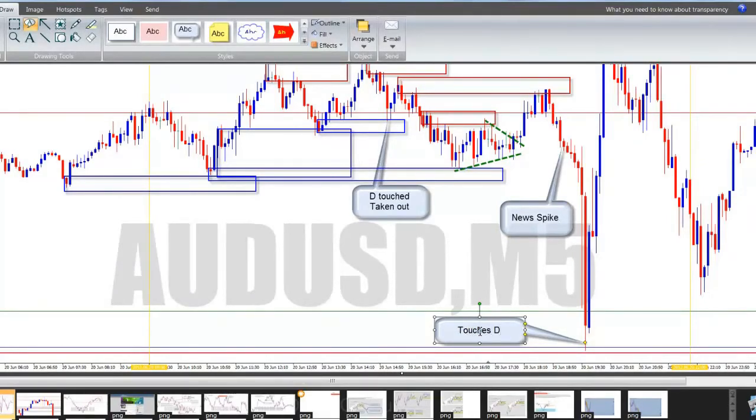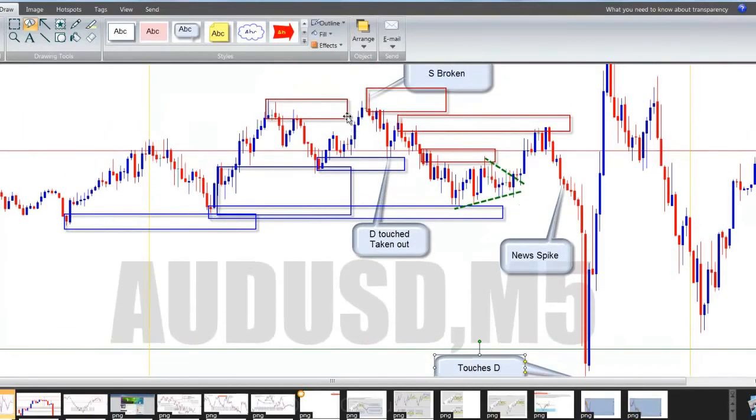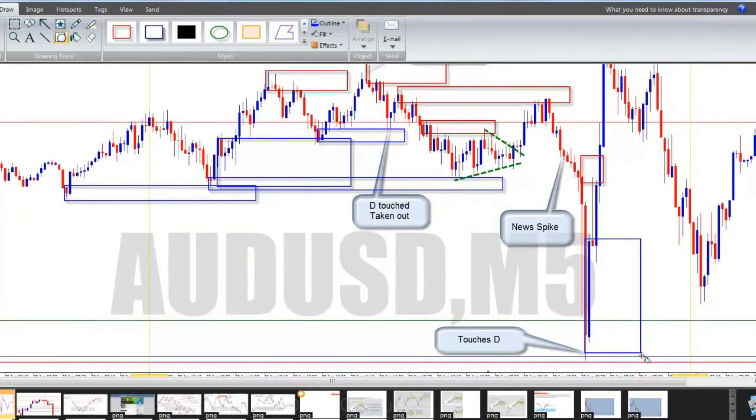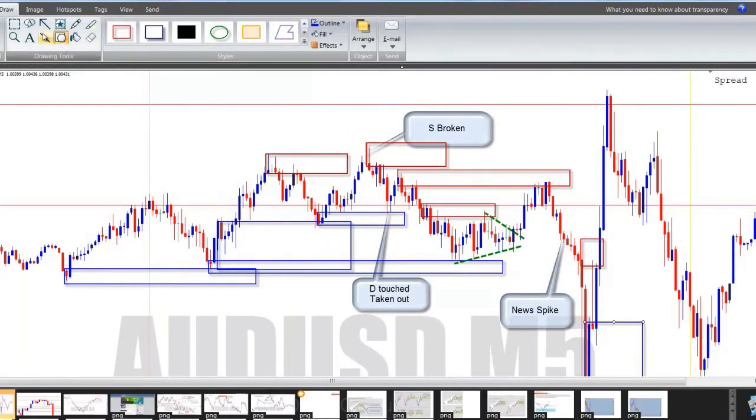Touches demand nicely, rejects back up, it hits supply here, straight back into demand here, through this compression which is here.